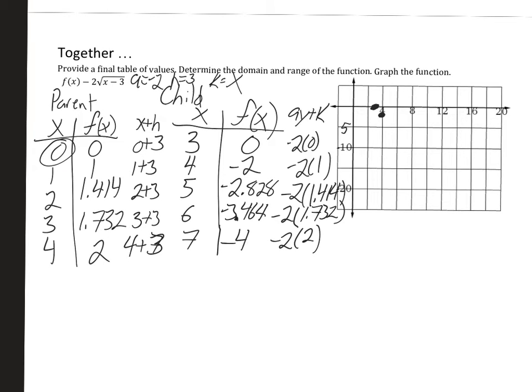So this is 5, 10, 15, 20. For 5, that's over another half of 1, and we are going down to 2.8. Something that looks like that, somewhere around there. 6, again, we're just getting closer and closer to that point. And then 7, down even further.